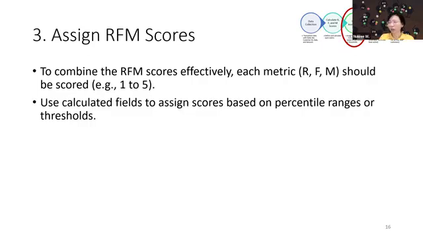The first way, and the way that we will use today, is to use percentile. This is the most common approach that we usually see. Let's say the top 20% get a 5 score, the next 20% get 4, and so on, right?